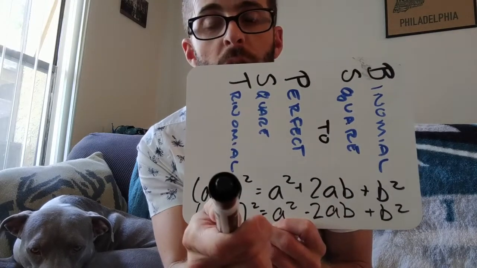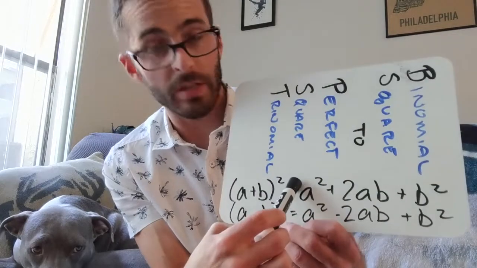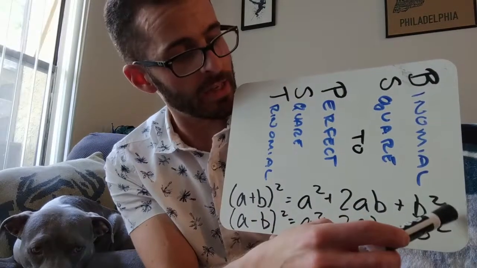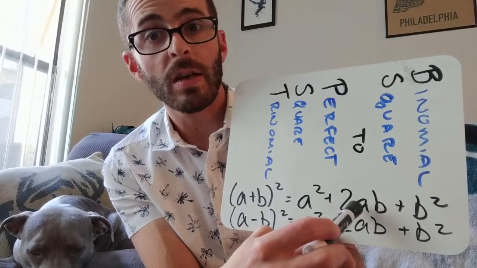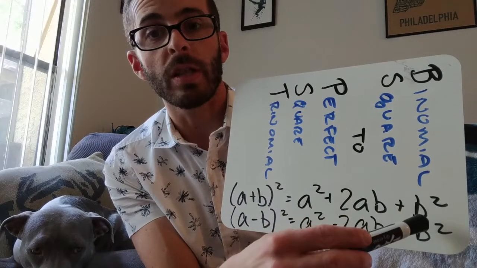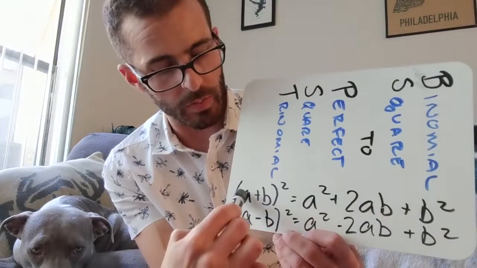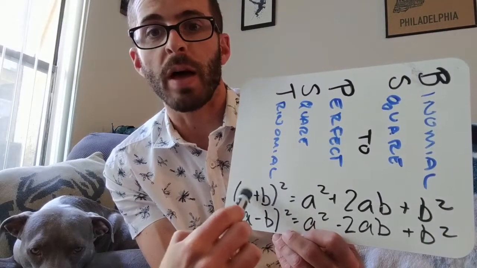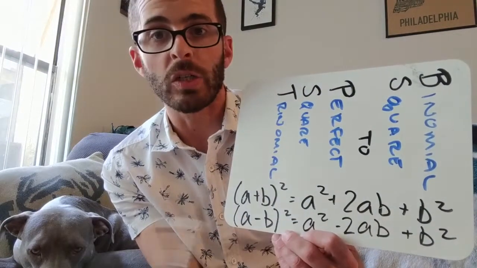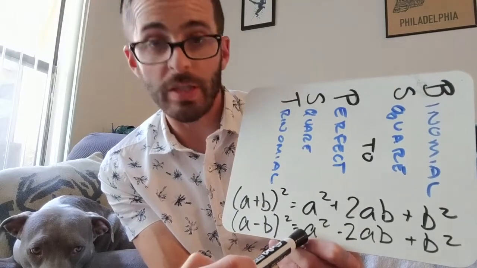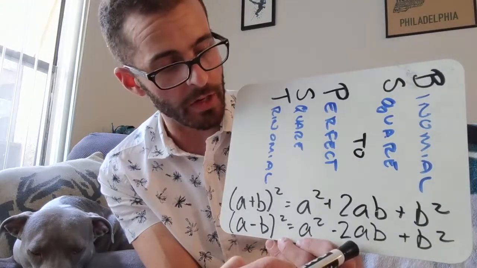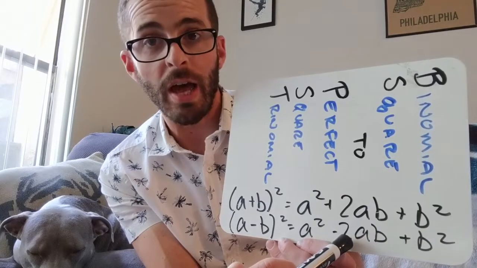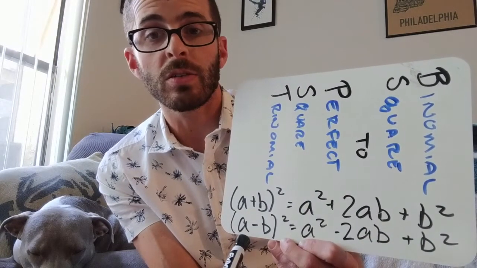How do you know it's a perfect square trinomial? The first thing is a square. The last thing is a square. The middle is twice the square roots of the first and the last, or 2 times these two things. Multiply them together, multiply it by 2. Again, the first thing is a perfect square, the last thing is a perfect square, and the middle term is twice what you get when you multiply these things together.